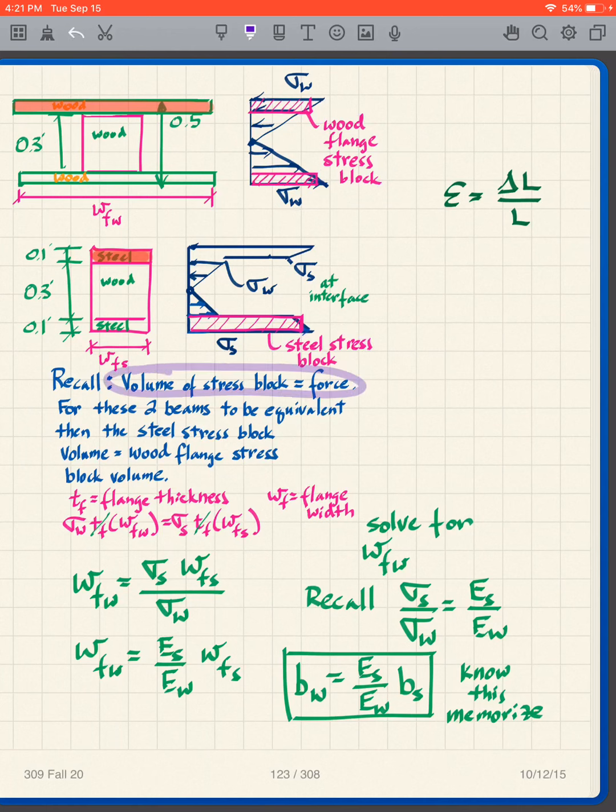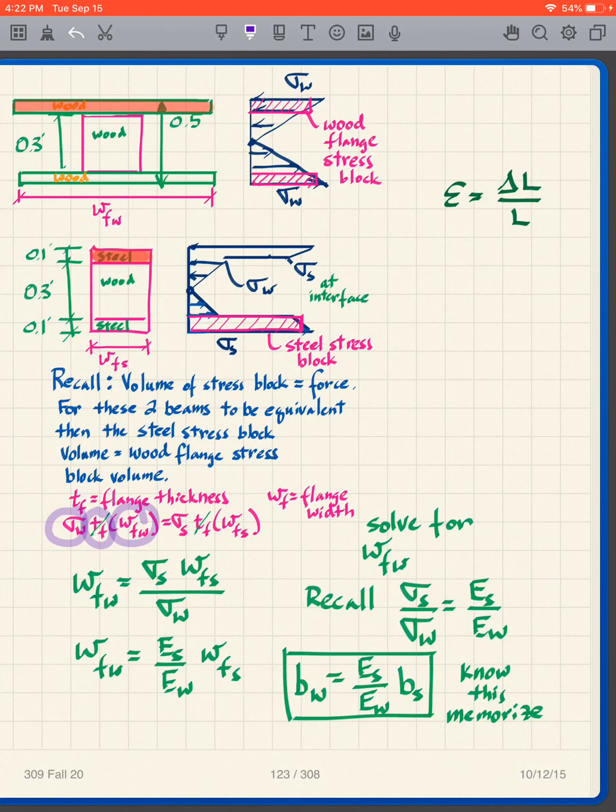Remember, the volume of the stress block is equal to the force. And then, for these two beams to be equivalent, the steel stress block volume has got to be the same as the wood flange stress block volume. So if I use T sub F as the flange thickness, and notice the flange thickness has to be the same, then I have sigma wood times the width of the flange of the wood times the thickness.